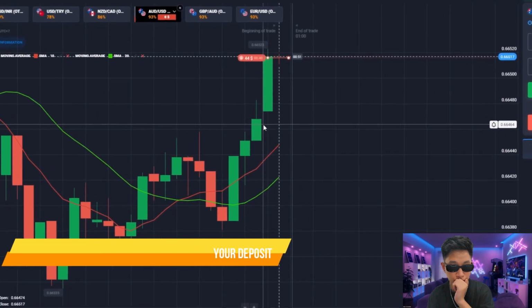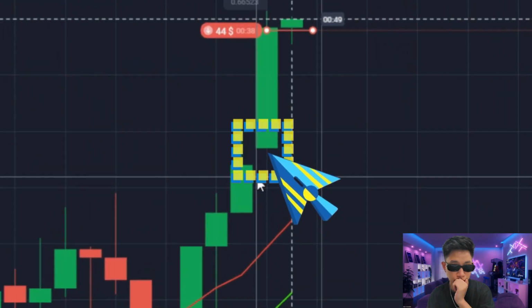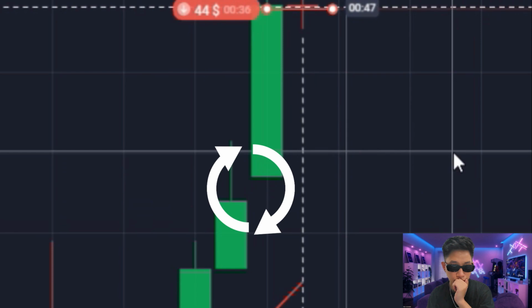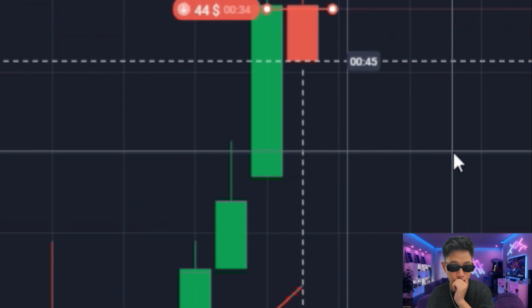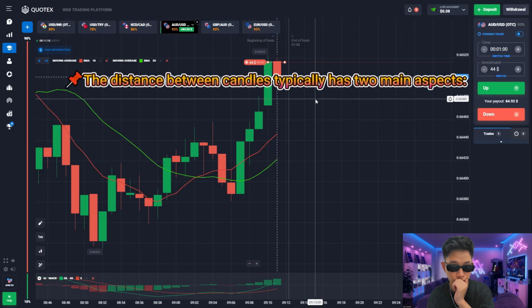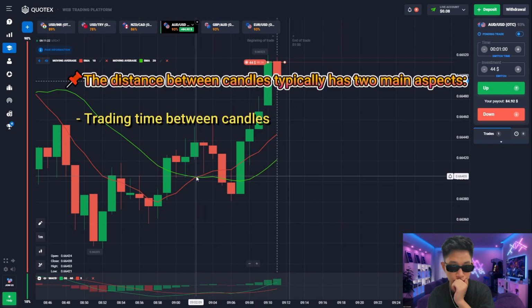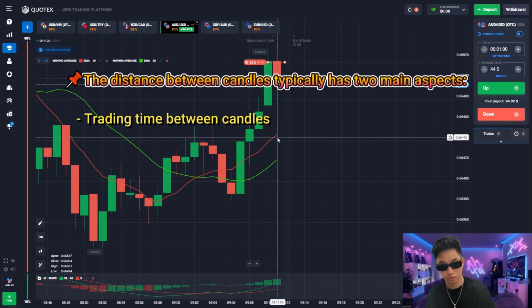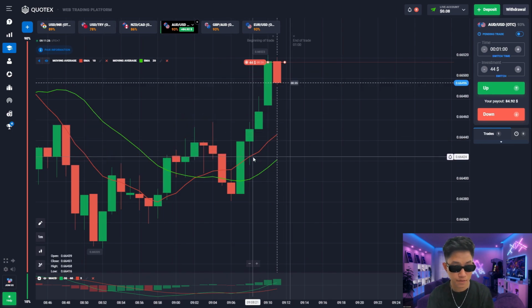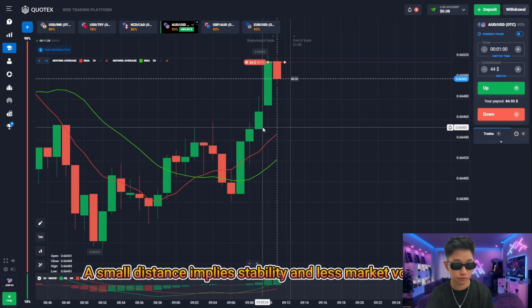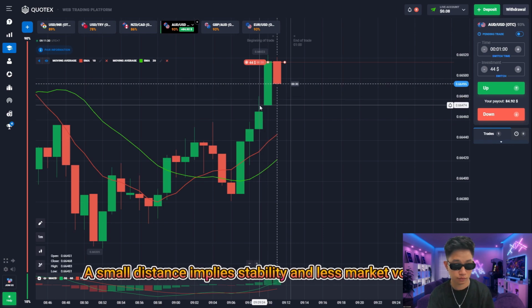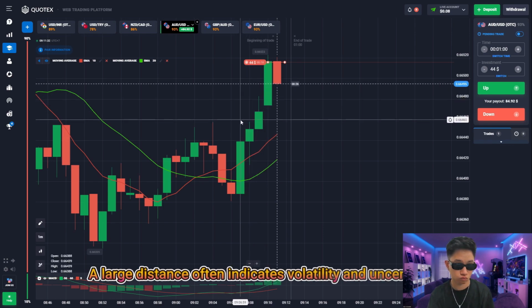I don't overlook any candlestick signals, and I pay attention to green candles appearing with a significant distance between them. Typically, the distance between candles has two main aspects. First, the trading time between candles, and second, the distance between them. A small distance usually indicates stability and less volatility in the market, while a large distance often indicates volatility and uncertainty.